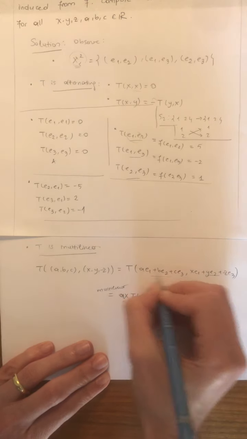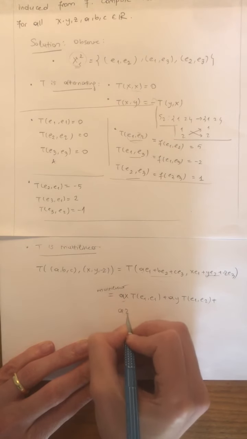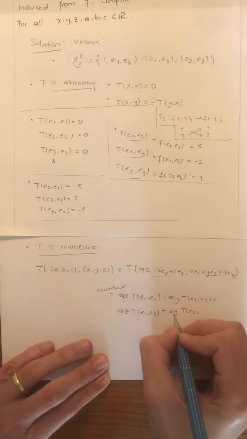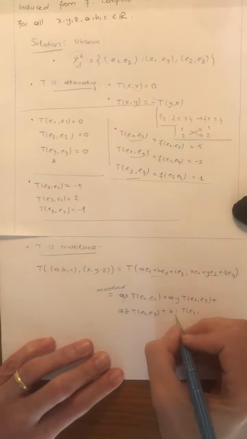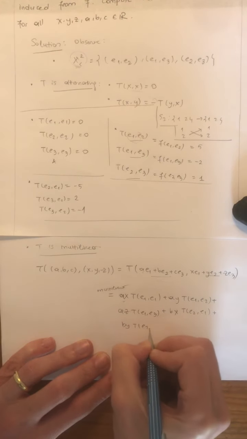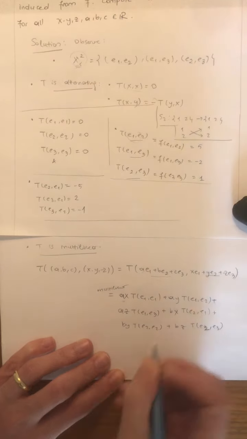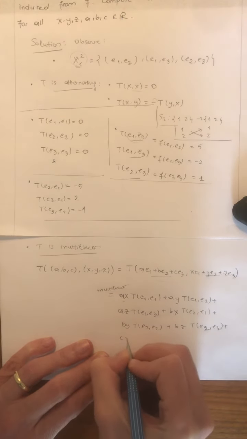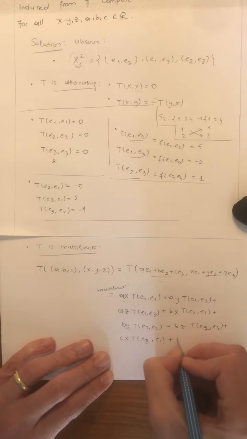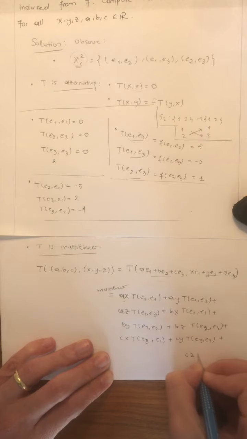And similarly, we compute AY T(E1, E2) plus AZ T(E1, E3), BX T(E2, E1) plus BY T(E2, E2) and BZ T(E2, E3), and finally we have CX T(E3, E1), CY T(E3, E2), and CZ T(E3, E3).